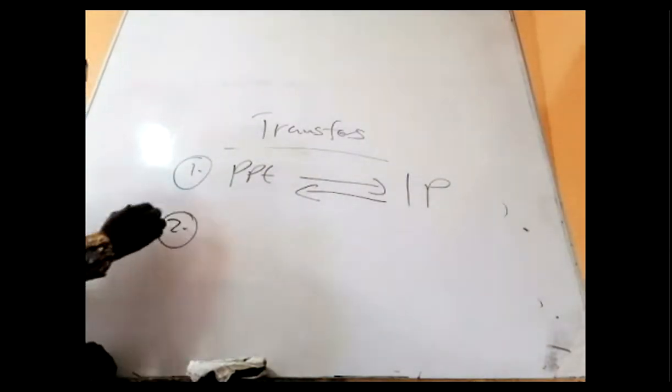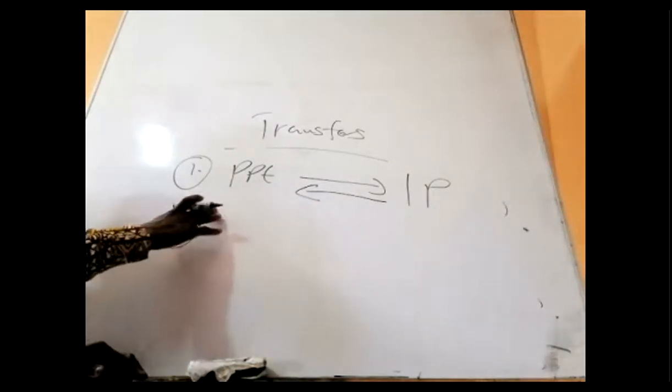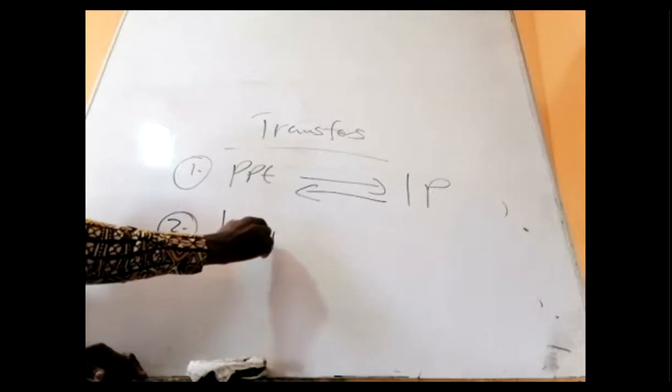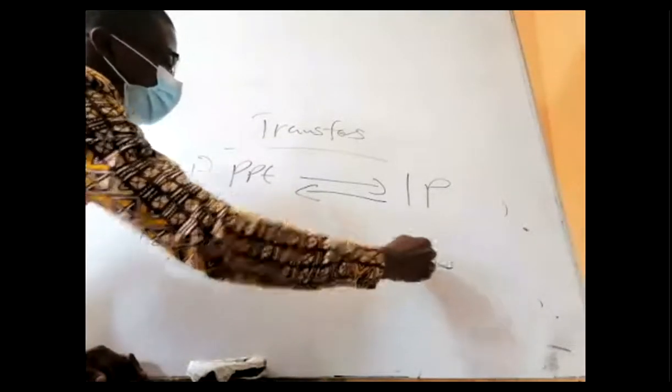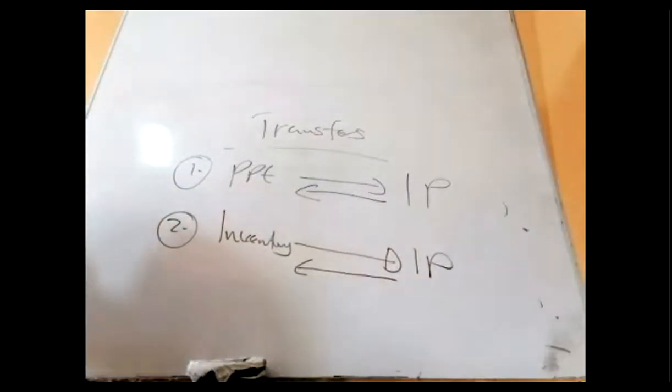Number two, transfers. You can transfer from inventory to investment property. The reverse is also true. I'm selling some building or some land.